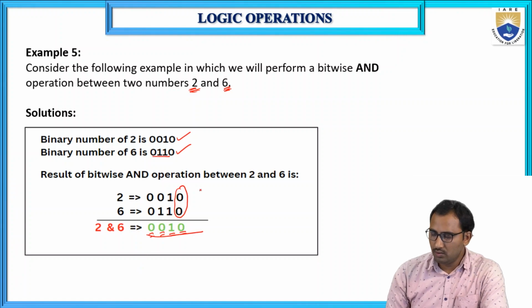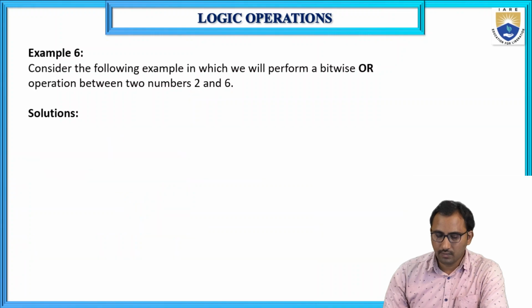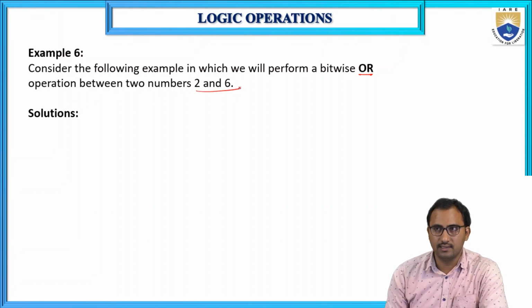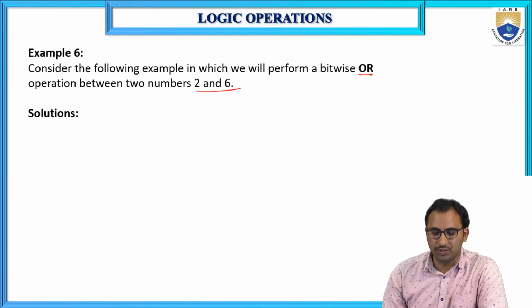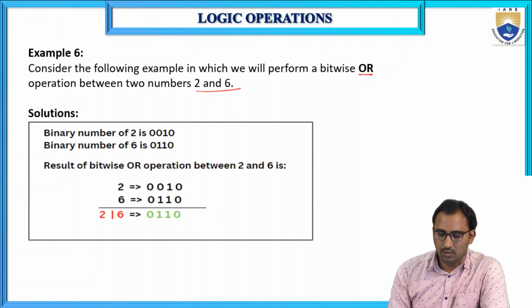Coming to the second one, consider the following example in which we will perform the bitwise OR operation between the two numbers 2 and 6. What is OR operation?